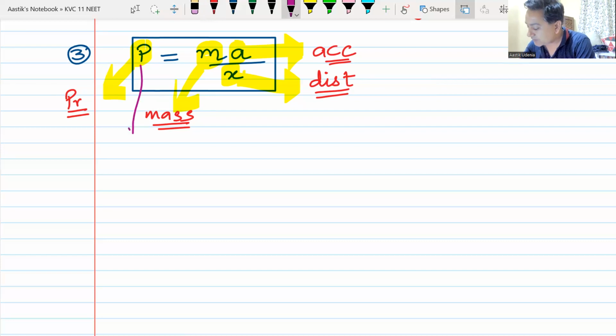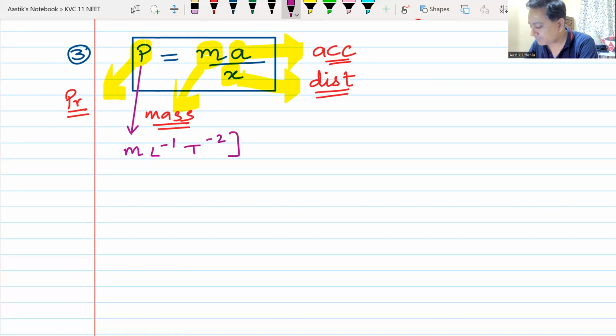P stands for pressure. Let me write the dimensions of pressure here. What is the dimension of pressure? M1 L minus 1 T minus 2. You don't have to say M1, you can simply say M. Okay, M, L minus 1, T minus 2.